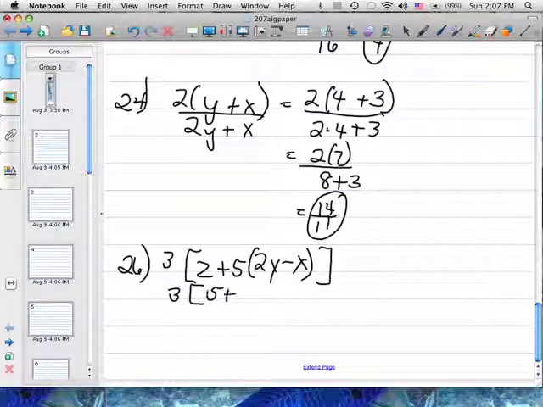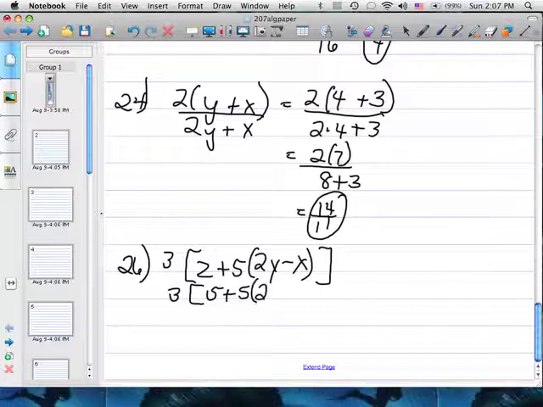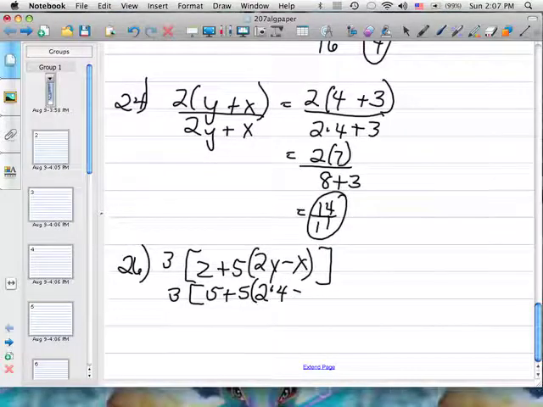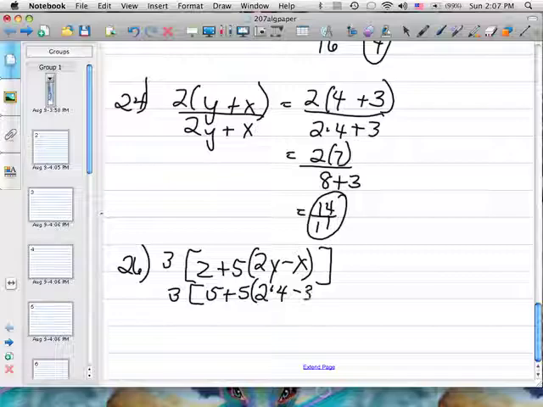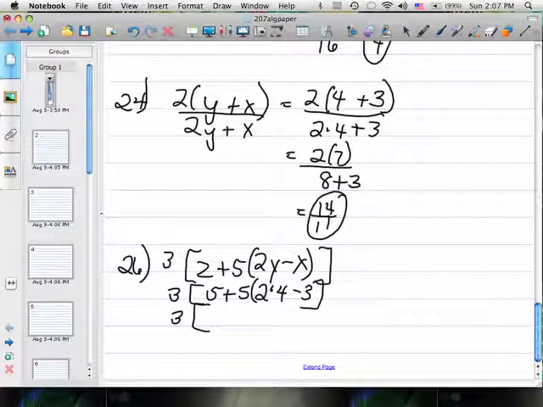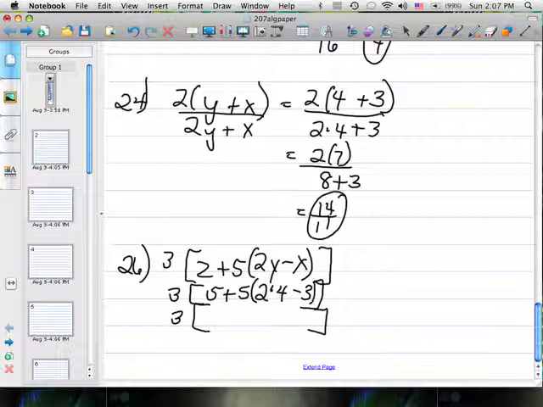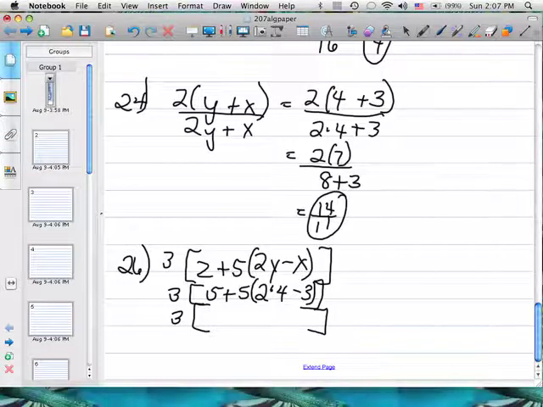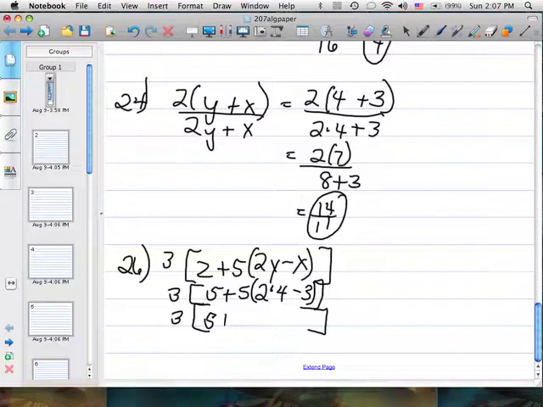Problem number 24. 2 times the quantity y plus x over 2y plus x. So that would be 2 times 4 plus 3 over 2 times 4 plus 3.